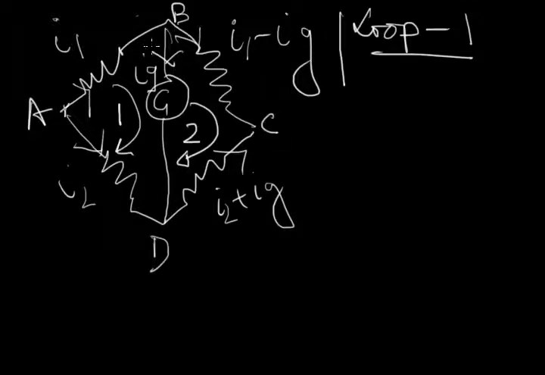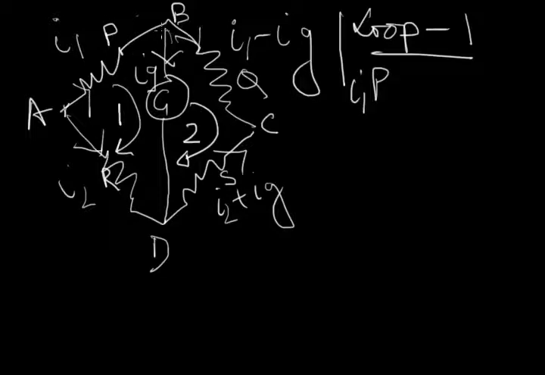So loop 1, as I go from A to B, I am moving in this direction, clockwise. So this is the direction of the current as well. So this is plus. This is P, this is Q, this is R, and this is S. So let us put it here as I1P.